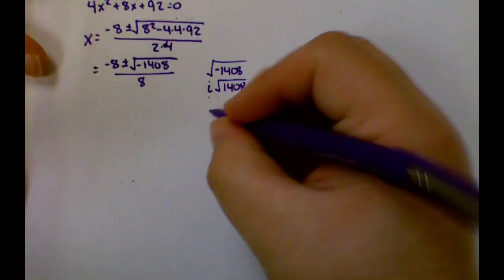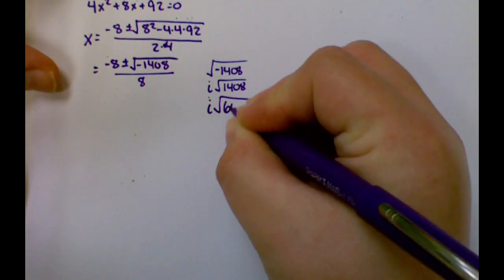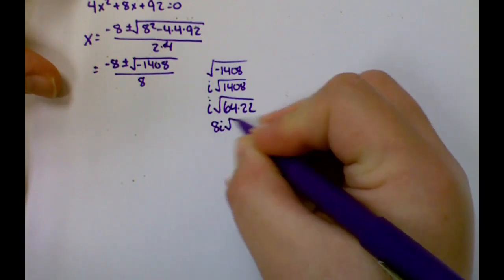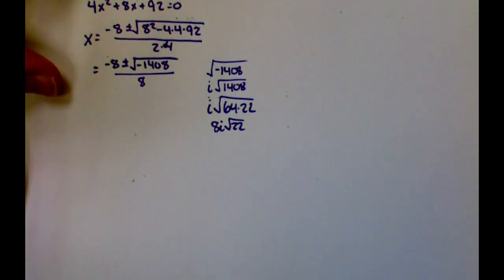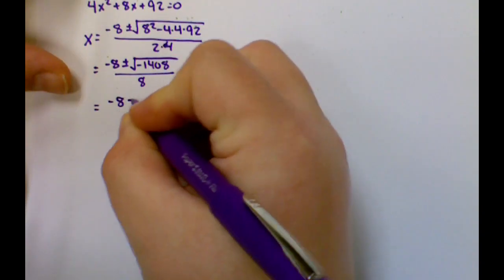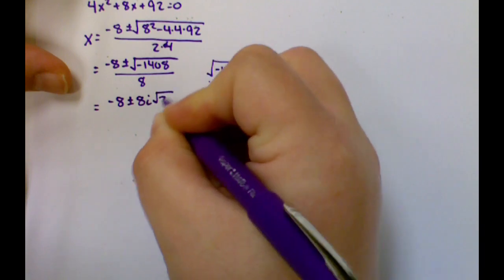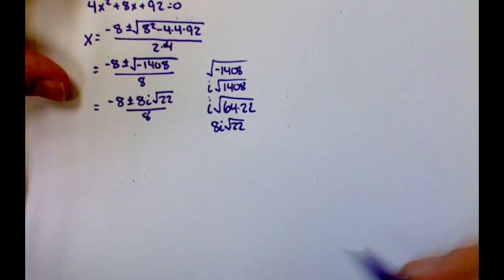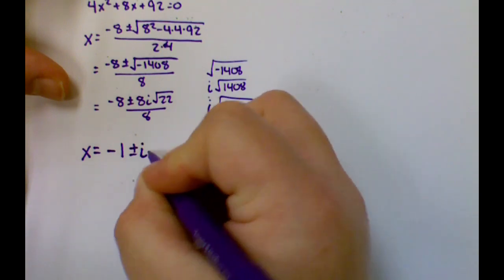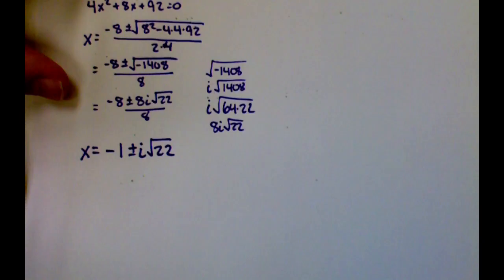There we go. I simplified it into 64 times 22, which is 8i square root 22. The square root of 22 can't be simplified any further. So I have negative 8 plus or minus 8i square root 22 over 8. Divide everything by 8, so I get negative 1 plus or minus i square root 22 as my answer.